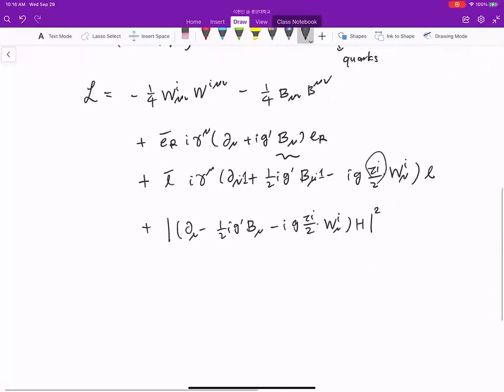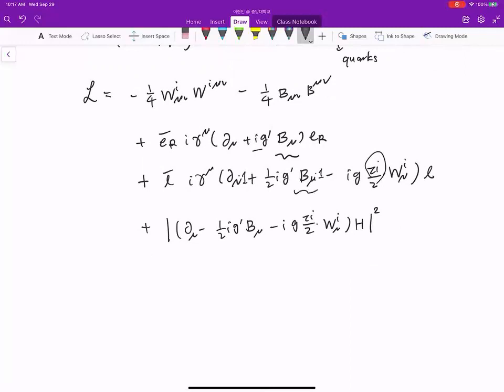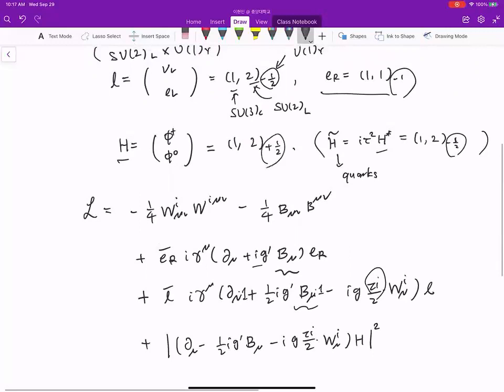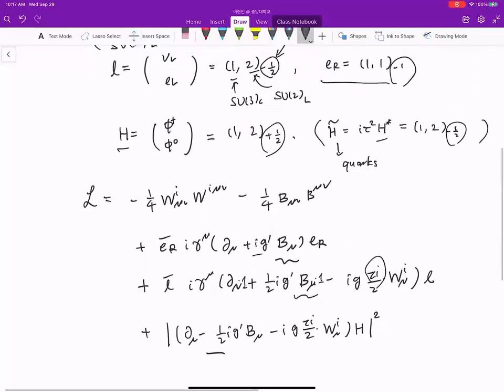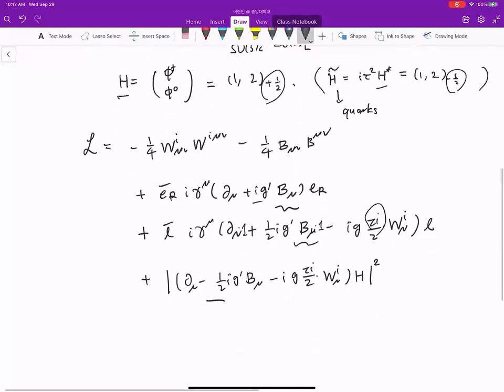So the Higgs kinetic term, then you see the convention for the hypercharge coupling. You see it's the opposite sign for the Higgs doublet, 1/2. Because of that, you have this one. For SU(2), they are all in the same representation, I mean, the lepton doublet and the Higgs doublet.